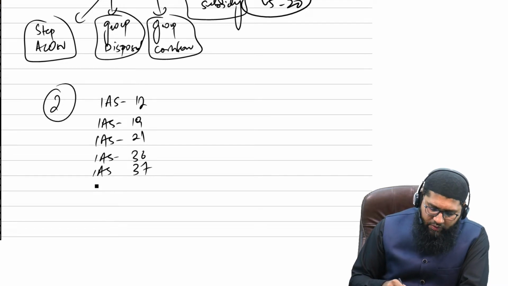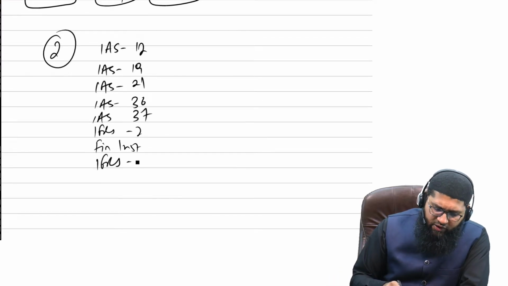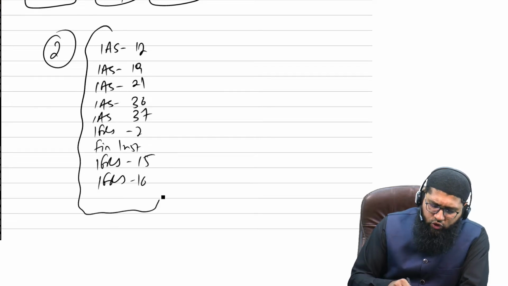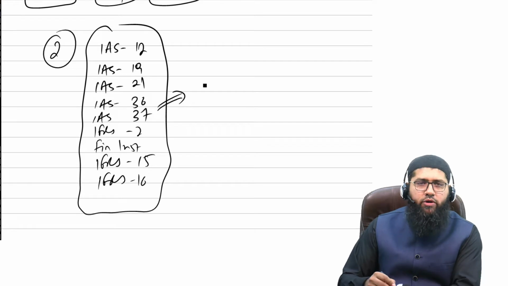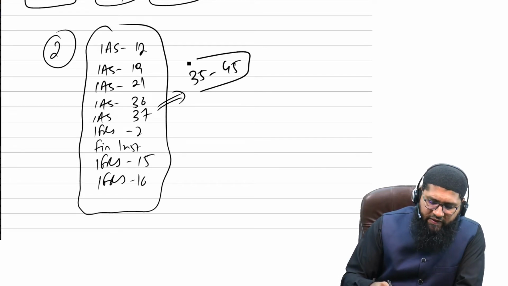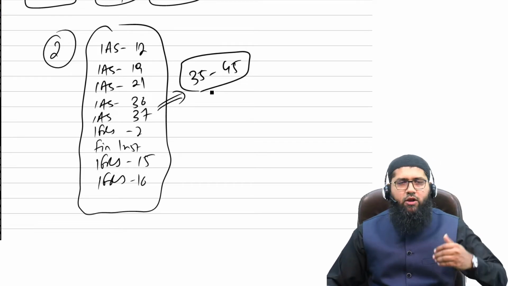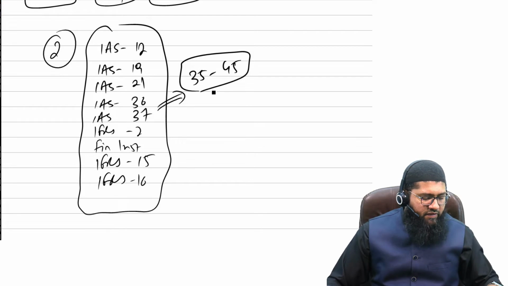Similarly, you've got IFRS 2, you've got the financial instruments area, you've got the leases, and you've got the revenue, IFRS 15, IFRS 16. Now, to me, if you do have a good grip over these areas, you are looking at approximately 35 to 45 marks in the examination. So having a look at these areas, you are looking at 35 to 45 marks in the examination.